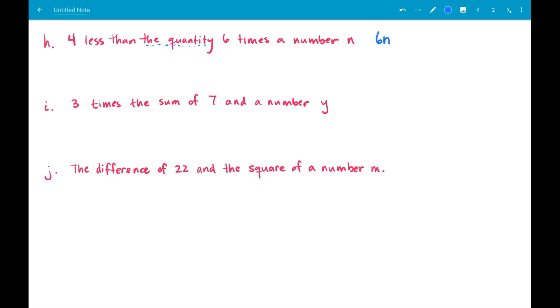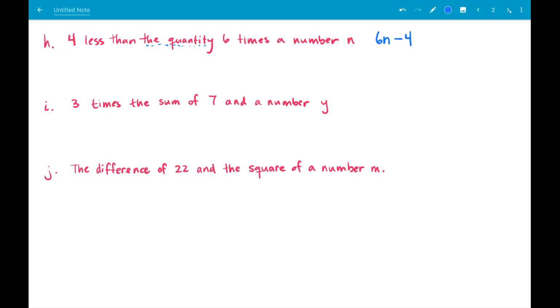So I write those together. This is 6 times n. So we have a quantity 6 times n, and I want 4 less than that, which means I'm actually subtracting 4 from it. So even though 4 shows up first in the phrase, it comes last in the mathematical expression, because if I want 4 less than that, that means I'm subtracting 4 from it at the end.